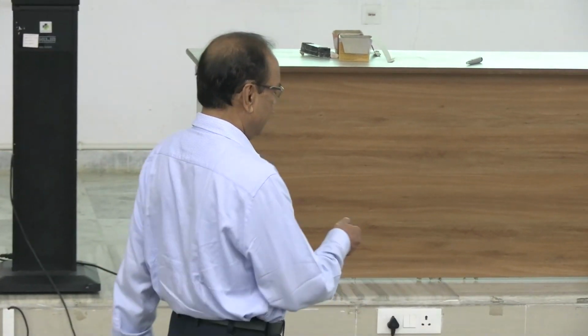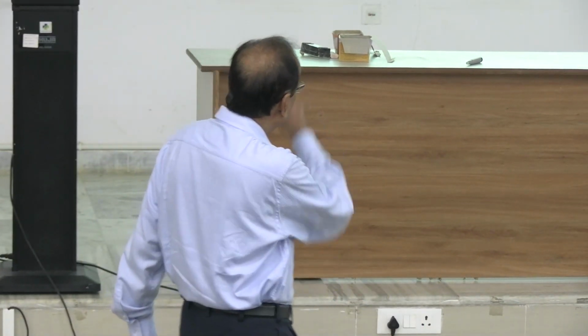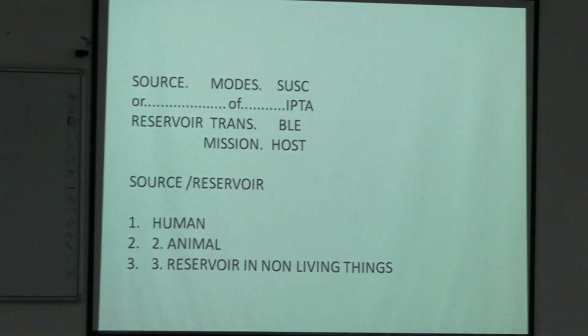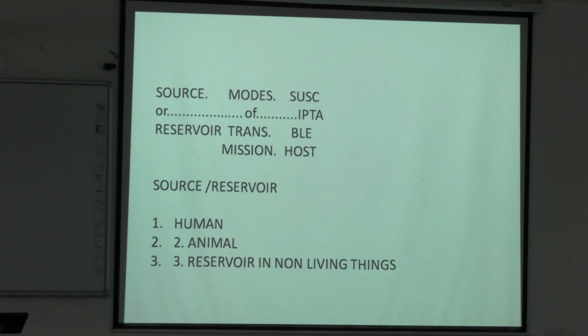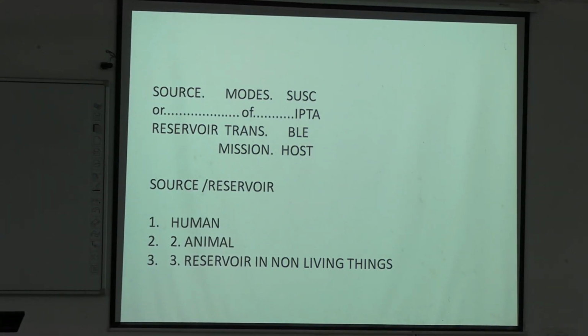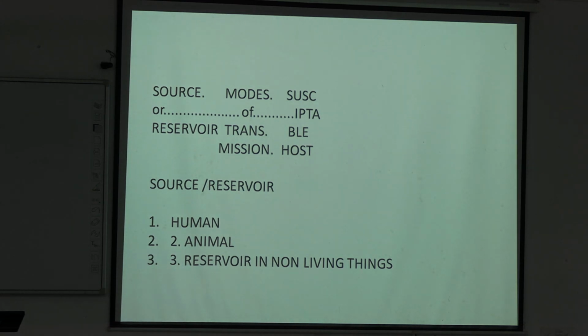So one is the source or reservoir, there is the mode, it goes to the susceptible host, and the communicating channel is the modes of transmission. This is known as dynamics of disease transmission. There is dynamicity. It is always changing.